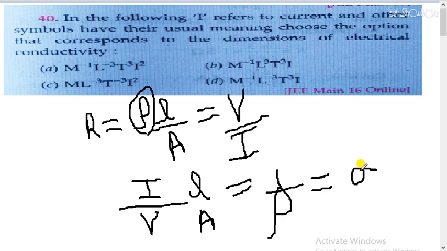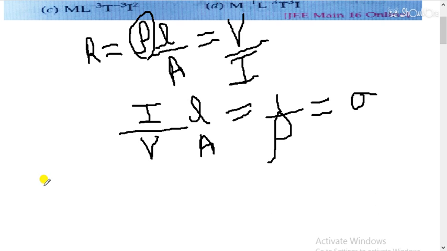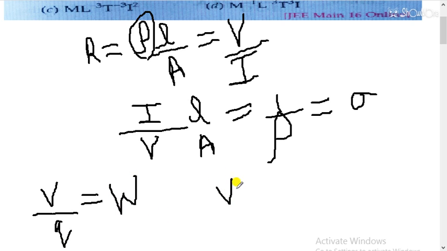Now we have to find the dimension of V, the voltage. We know that potential upon charge is equal to work done. That means I can write potential as work done into charge.